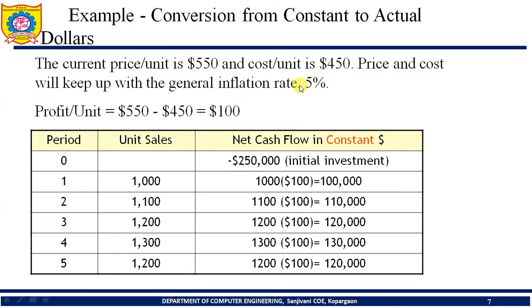Then this table shows an example of conversion from constant dollar to actual dollar. Here in this table the period is shown from 0 to 5. Unit sales is given from period 1 to 5, and net cash flow is calculated in constant dollar by using the unit sales and profit per unit.